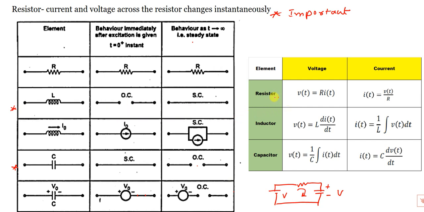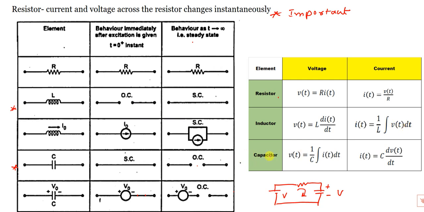And one more table is this: voltage and current in a resistor, inductor and capacitor. V equals IR, I equals V by R for a resistor. For an inductor, voltage V of t equals L into di by dt. Current is 1 by L integral of V of t dt.